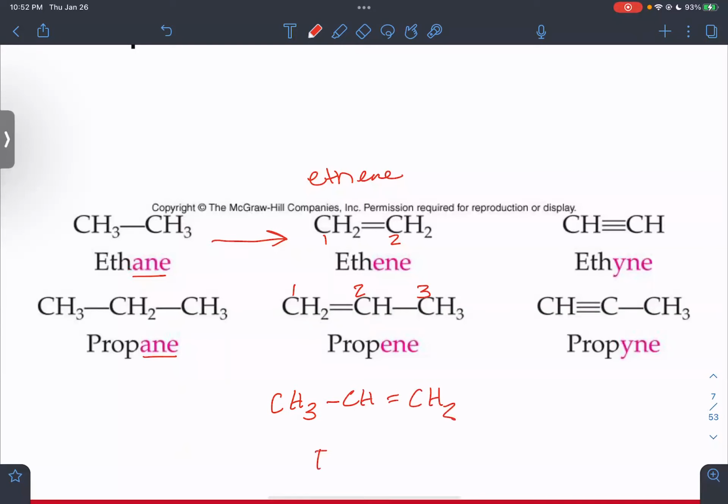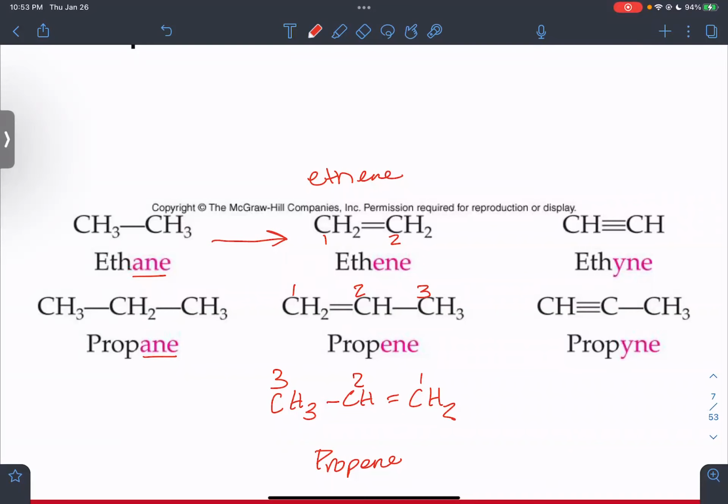These two are the exact same molecule. There's actually nothing different, because I would have to give this carbon number 1, this carbon number 2, and this carbon number 3. So it would get the same name. Even though the truth is it's 1-propene, we don't put the 1 because it's understood. There's no other way to do it. So when you see some without, there are reasons why.